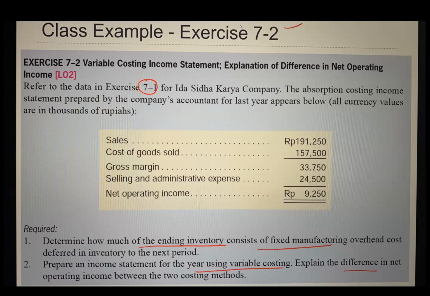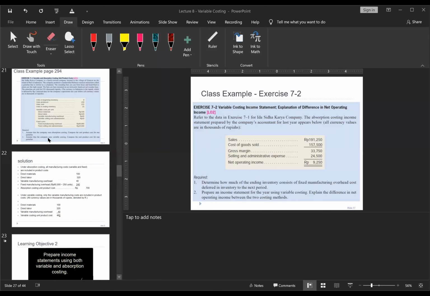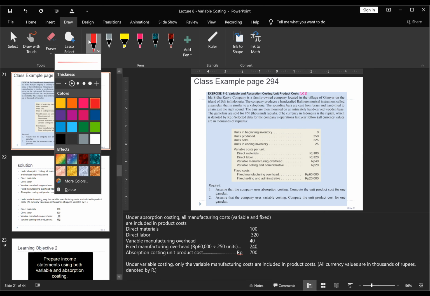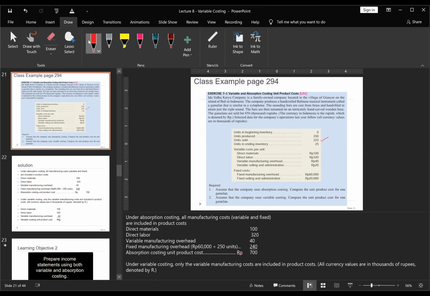Here we go. So you see here, can you see? Yes, we can see now. We know that in our 225, right? 250 units to 25 units.